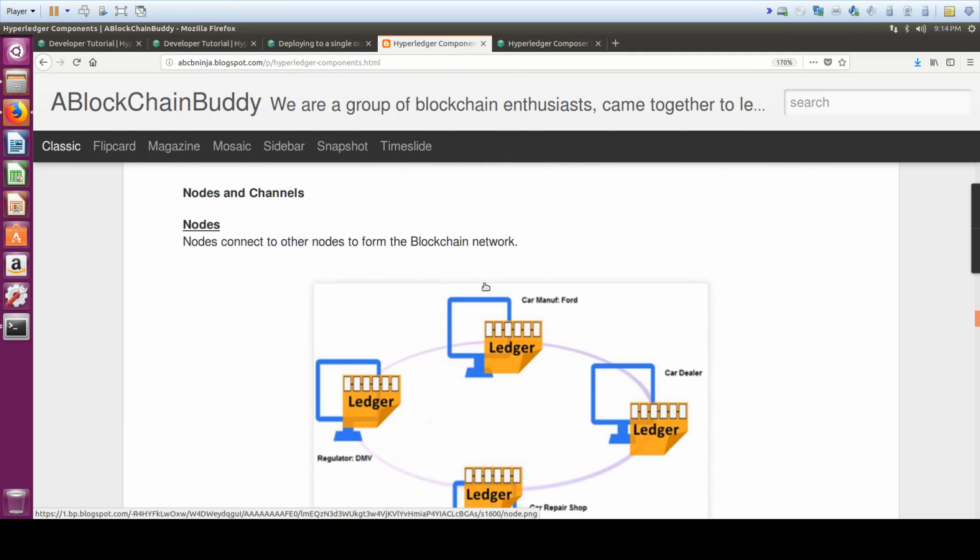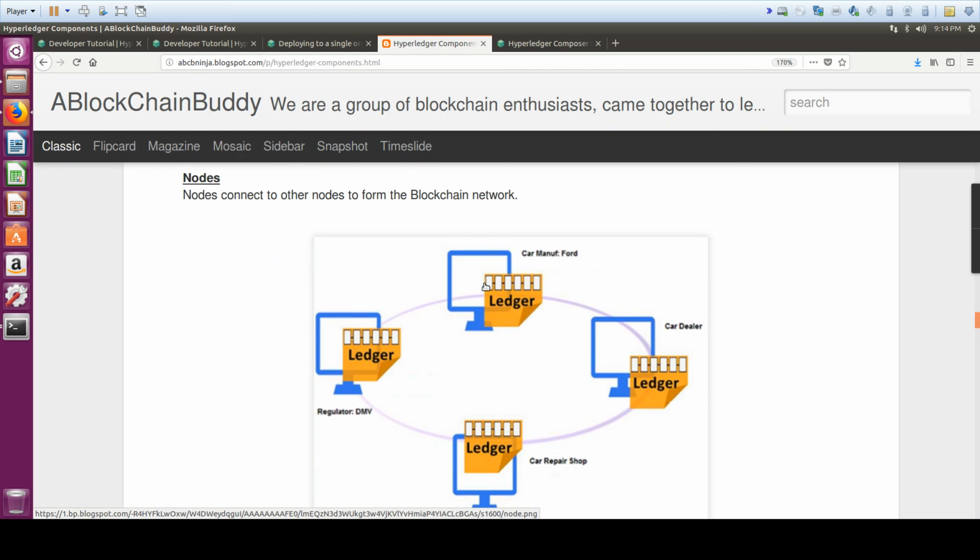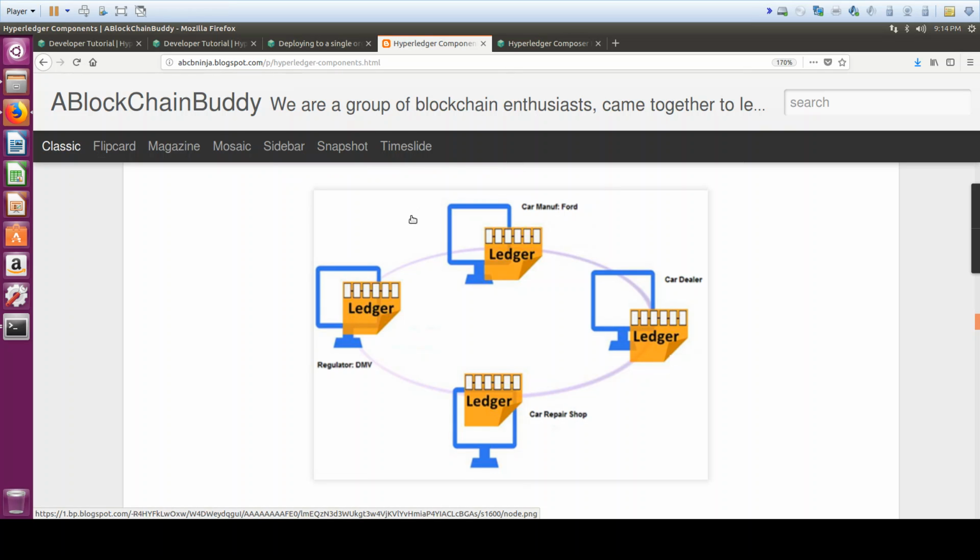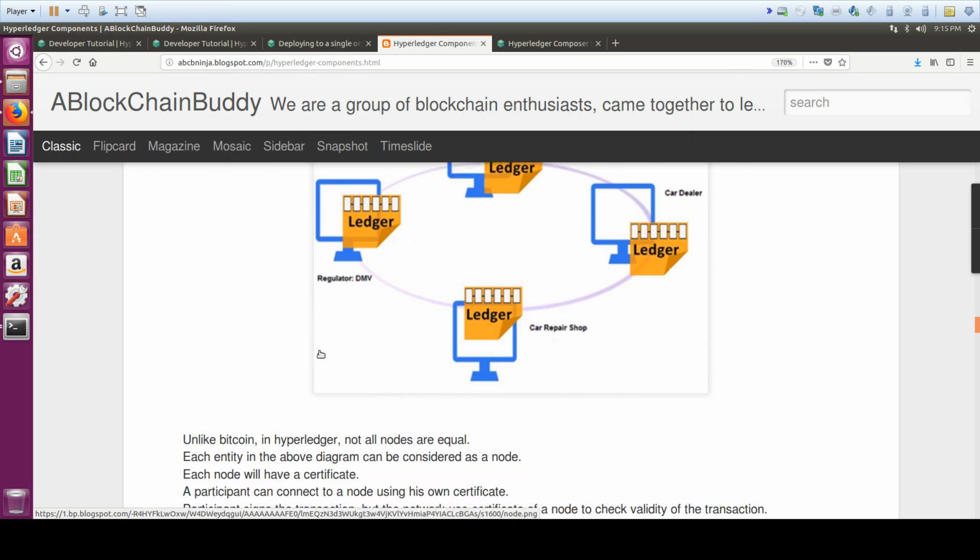So let's move to the next section: nodes and channels. Nodes connect to other nodes to form a blockchain network. Each of these can be considered a node, and each organization is a node, and they connect and form the blockchain network.